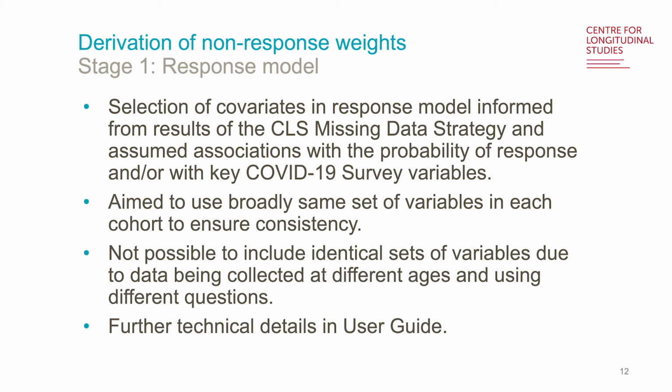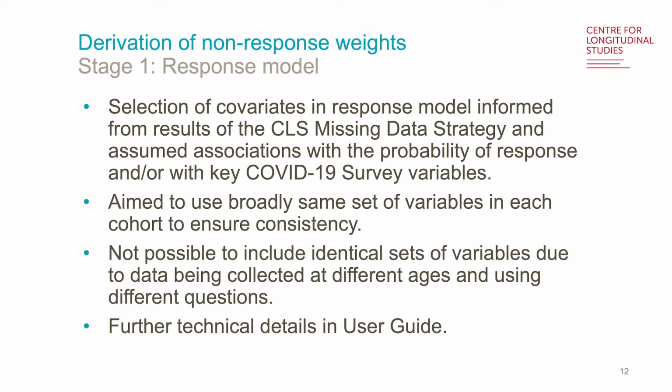Okay, so just looking in a little more detail at the response model in stage 1 of this process. So the response model here, we included a number of covariates that you'll see on the next slide listed out. The variables that we chose to include here are informed by the results of the CLS missing data strategy.